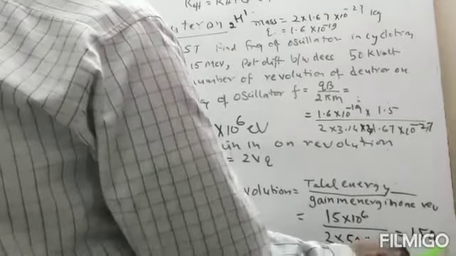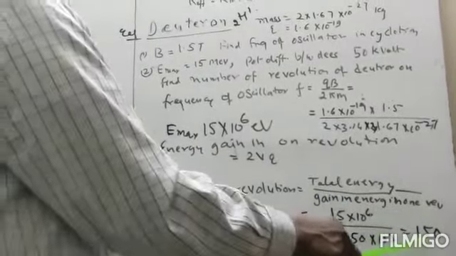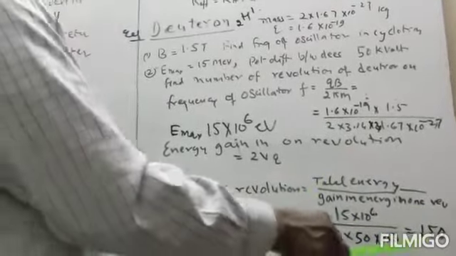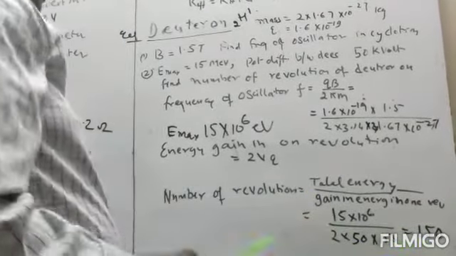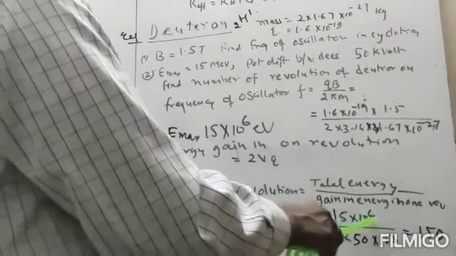So it will be equal to 150. So the deuteron after 150 revolutions will get the energy which is equal to 15 MeV.